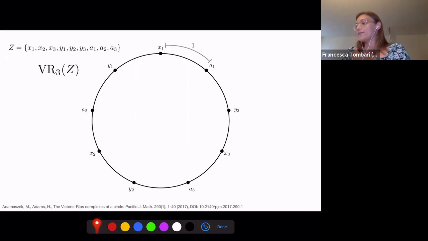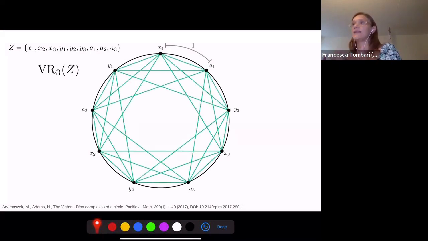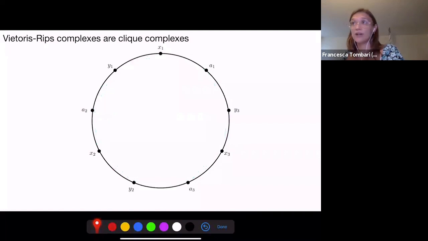Also, why did I choose this example? Because it's not that trivial. It looks like this simplicial complex. So unless you've worked with it or unless you have particularly good geometric intuition, you might not know by eye what homotopy type this simplicial complex has. Also because I'm hiding a little bit of information, in particular, the fact that Vietoris-Rips complexes are clique complexes.